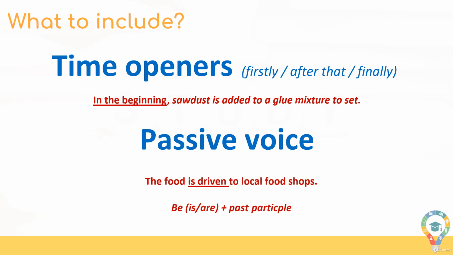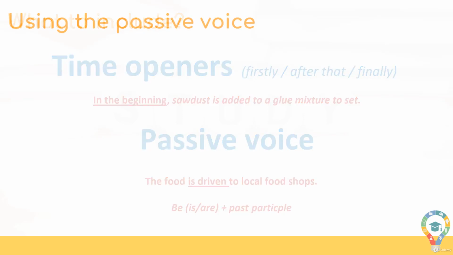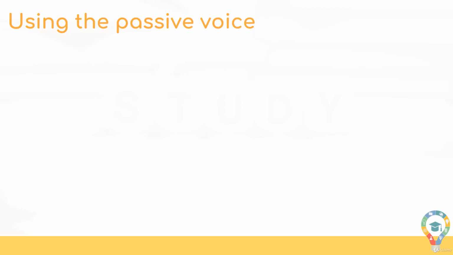Okay, back to passive voice. Here is an example sentence using the passive voice. The food is driven to local food shops. So we make the passive voice by using be, or is and are, plus the past participle, which in our example sentence is driven. Let's take a bit of a further look at passive voice, as it is quite important for your report.